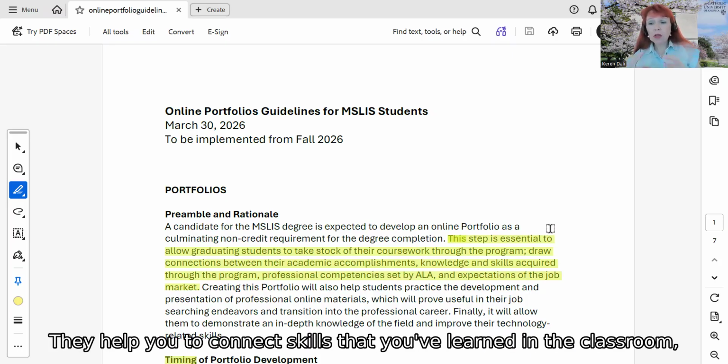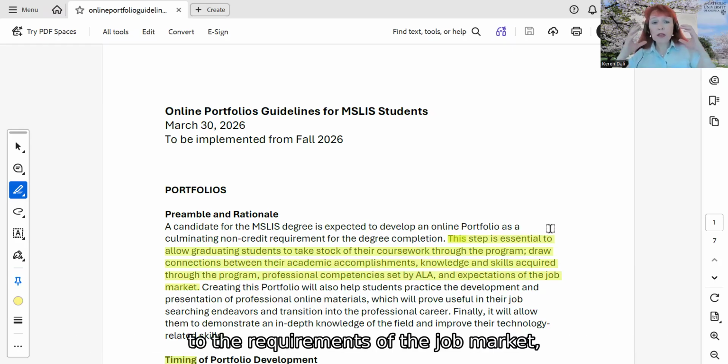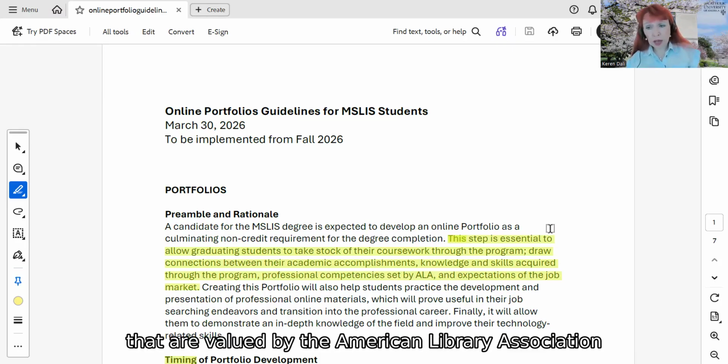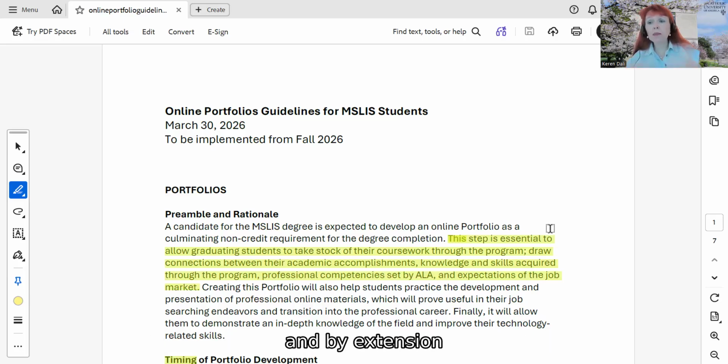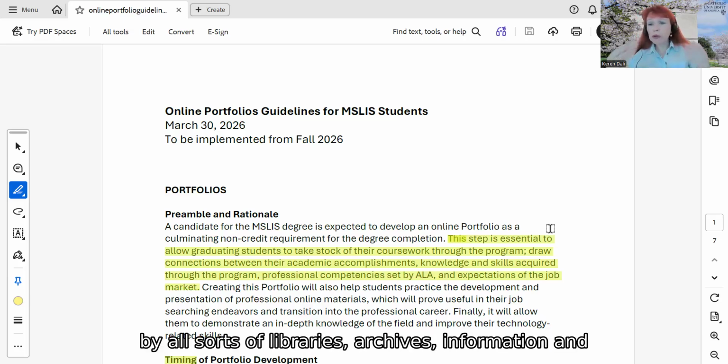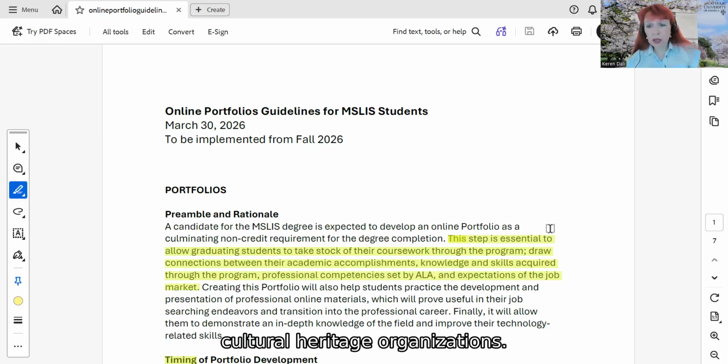They help you to connect skills that you've learned in the classroom to the requirements of the job market, to the competencies and qualifications that are valued by the American Library Association, and by extension, by all sorts of libraries, archives, information and cultural heritage organizations.